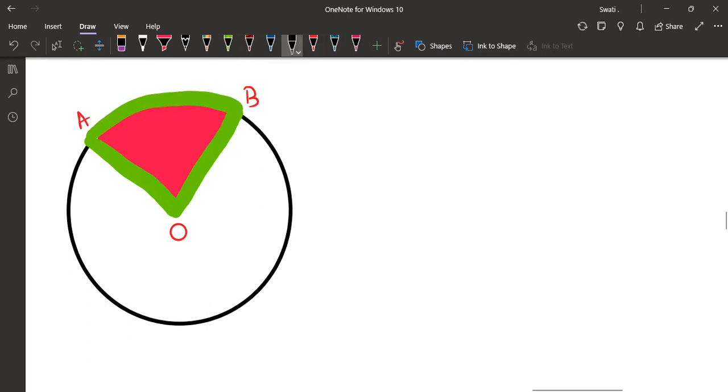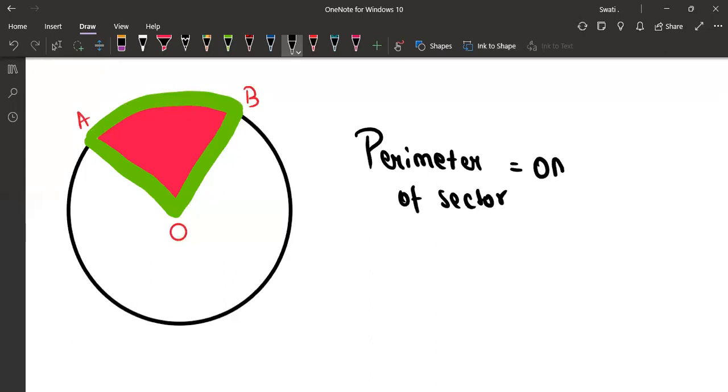Now, to find the perimeter of the sector, of course, we can notice that the perimeter is actually the total length, right? So the perimeter of the sector will be OA plus OB plus AB, where AB is the length of the arc. And we already know the length of the arc.